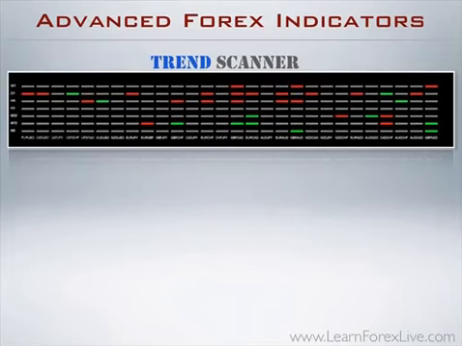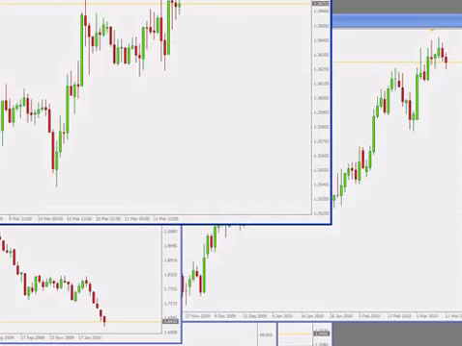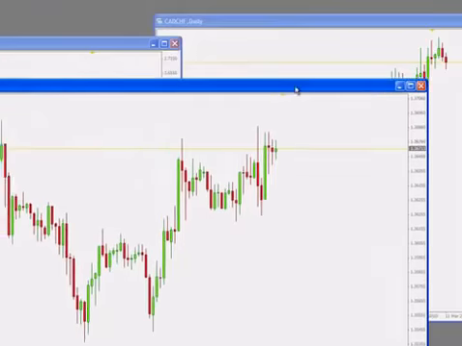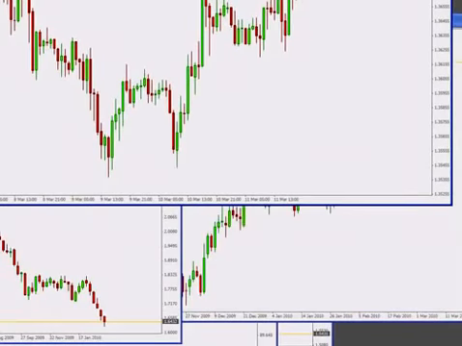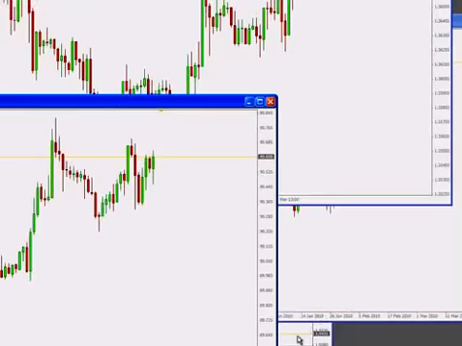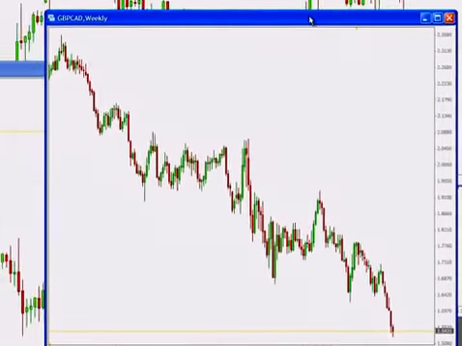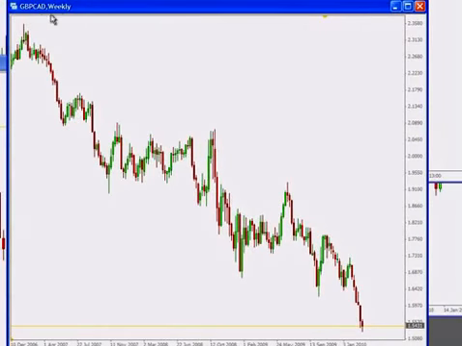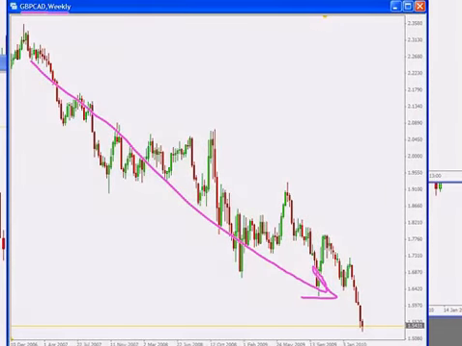Let's move into my charting platform. Let's see if I can find the sterling pound. Not this one. Oops, I have a bit of a messy charting platform. All right, here it is. The sterling pound against the Canadian dollar, weekly time frame, and yeah, we can certainly see how the trend scanner was accurately calling this downtrend for sure.